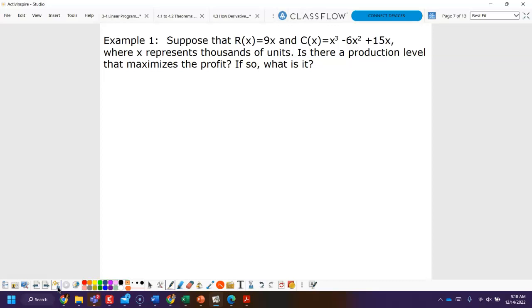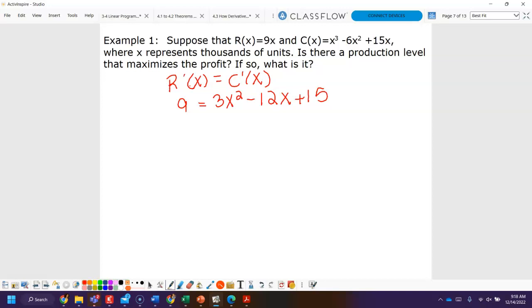You would do exactly what we just said. Set the derivatives equal to each other. Derivative of R is 9. Derivative of C is your x squared minus 12x plus 15.